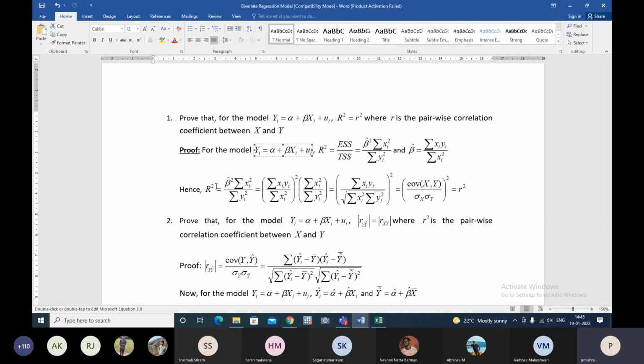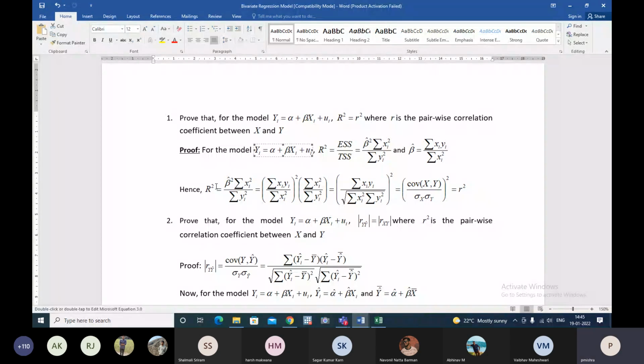That would be very interesting. But for a bivariate model, this capital R square is nothing but small r square, where small r is nothing but the pairwise correlation coefficient between x and y.